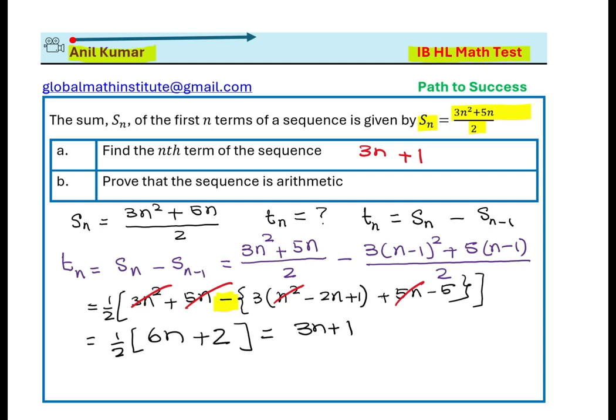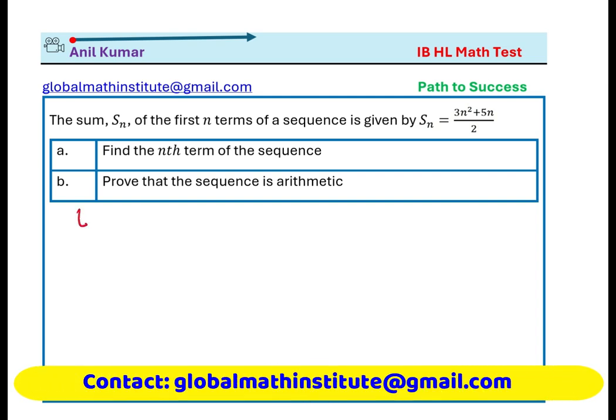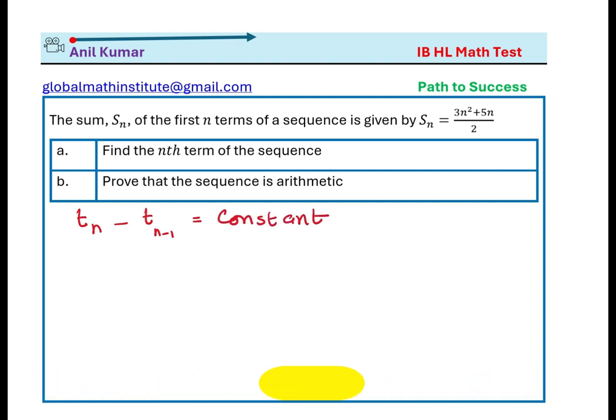Now, let's answer part B, which is prove that the sequence is arithmetic. Now, how do you show that the sequence is arithmetic? Well, you can show that the sequence is arithmetic if the difference between n and n minus 1 is constant. So that's what we are going to find.